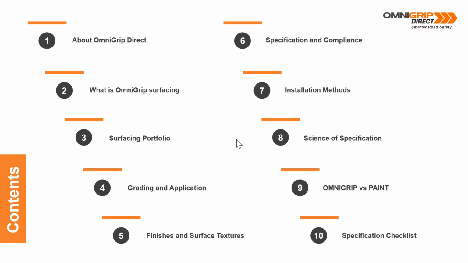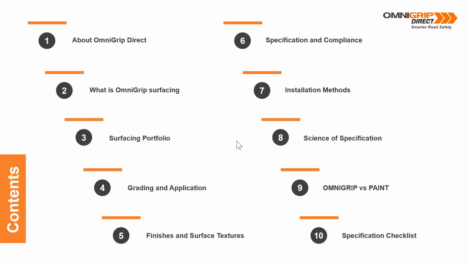These are the things that we're going to cover today. I'm going to talk a little bit about OmniGrip Direct as a company. We're going to talk a little bit about what OmniGrip surfacing is, our surfacing portfolio, product grading and applications, the finishes and textures of the product as well. We're going to touch on specification and compliance, installation methods, science behind the specification, and at the end we're going to see a few pictures of our product versus some of the other products that are out there in the market.